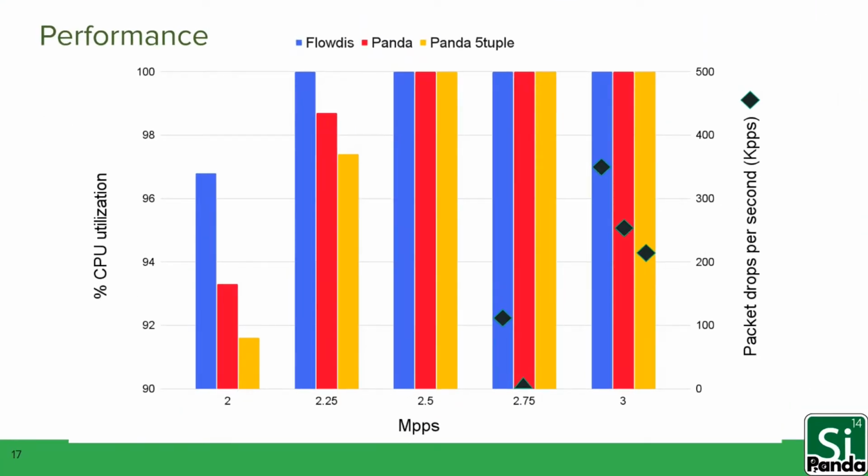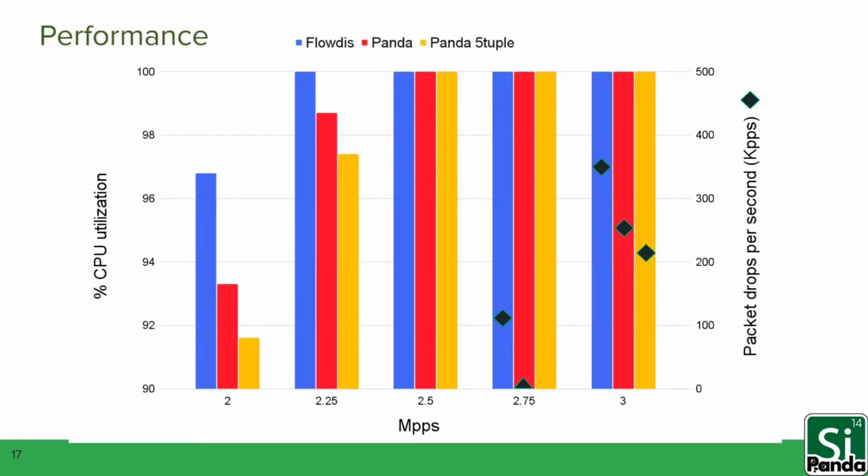One is FlowDis and one is the regular PANDA parser. That PANDA parser would basically emulate and provide the same metadata as FlowDis. The third one is a stripped down version of the PANDA parser where we're really only extracting the flow tuple information that we would need from a normal use case of TCP SYN attack mitigation.